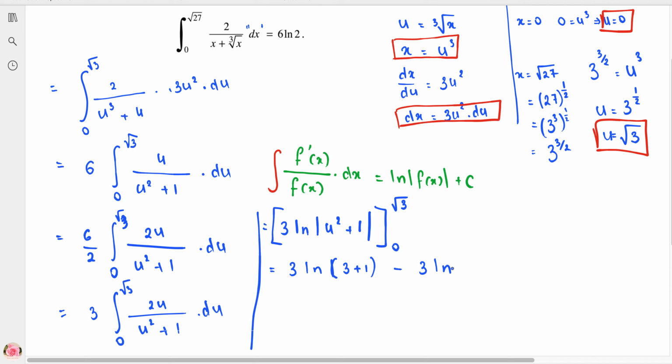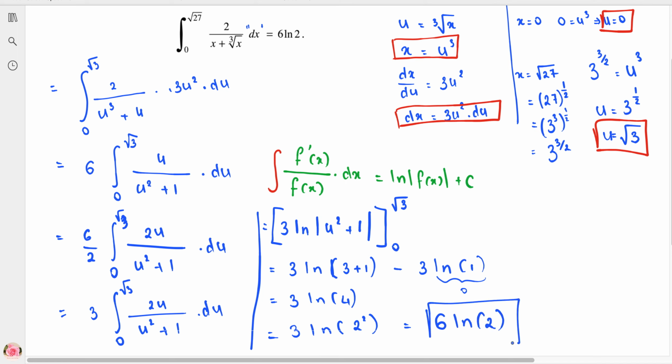If you substitute 0, that's just going to be 1, and ln 1 is 0. So what we are left with is 3 ln 4. Now, if you remember the question, it says 6 ln 2. We can see that 4 can be rewritten as 2 squared. If you know your log rules, you can bring the 2 to the front, so that's going to be 6 ln 2, as requested.